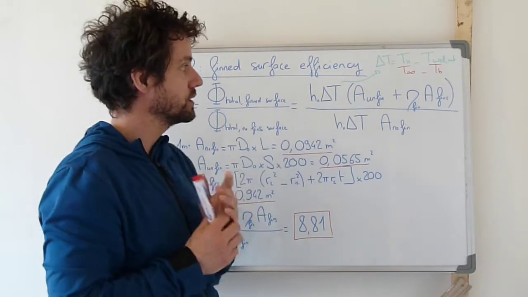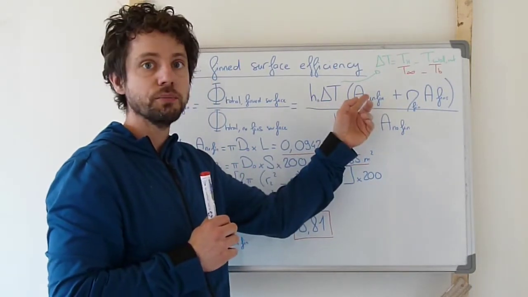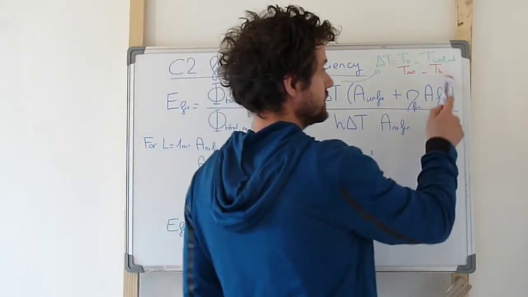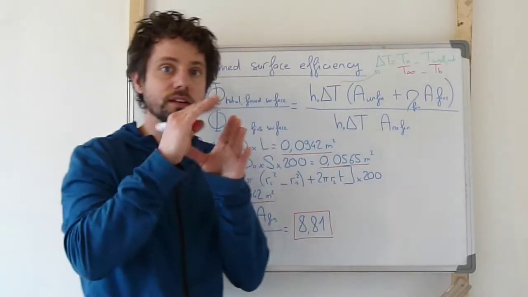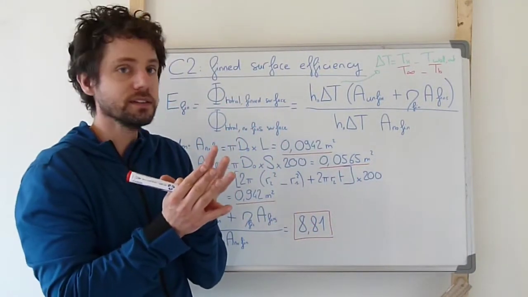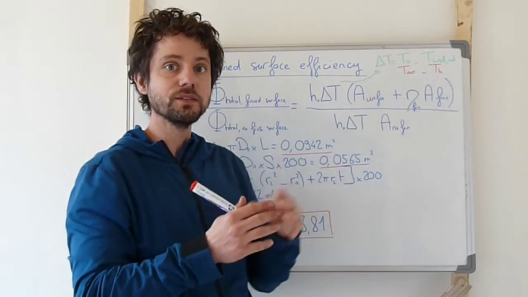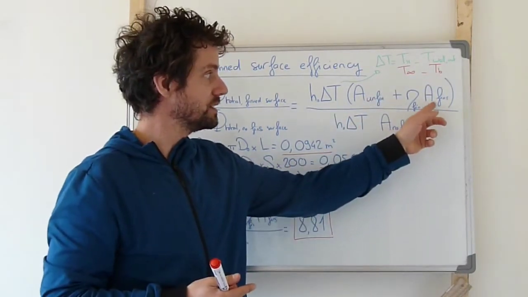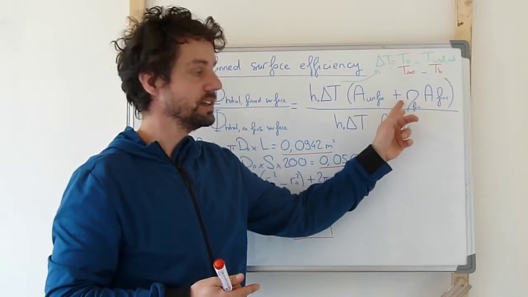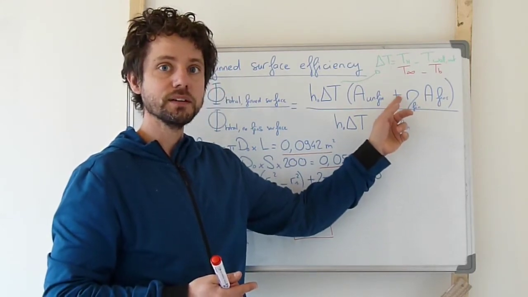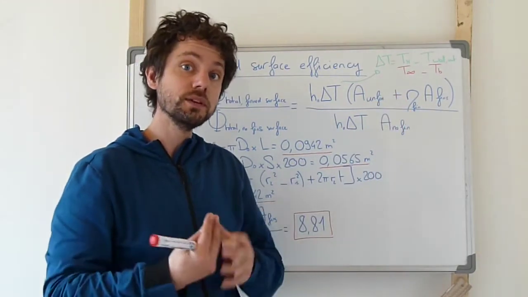That's what we call A_unfinned. Plus the surface of the fins themselves, but because here we take the temperature of the base as a reference, we need to weight this surface by the efficiency of the fins that we have calculated before.